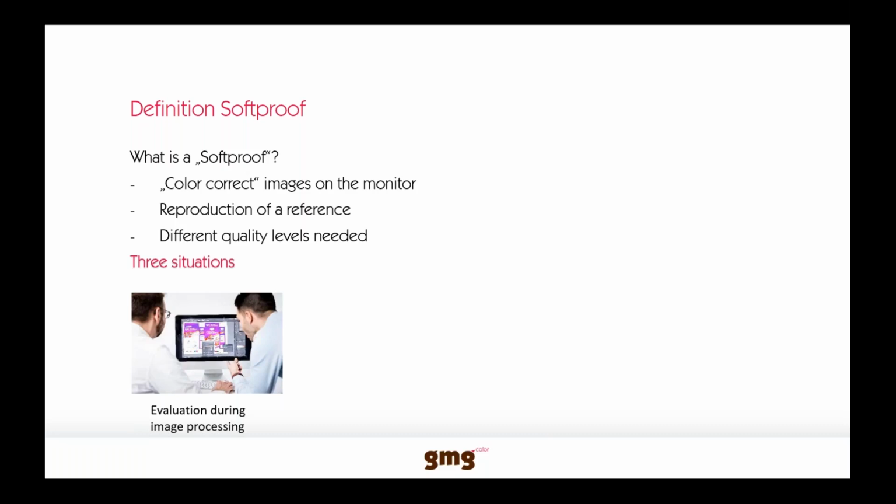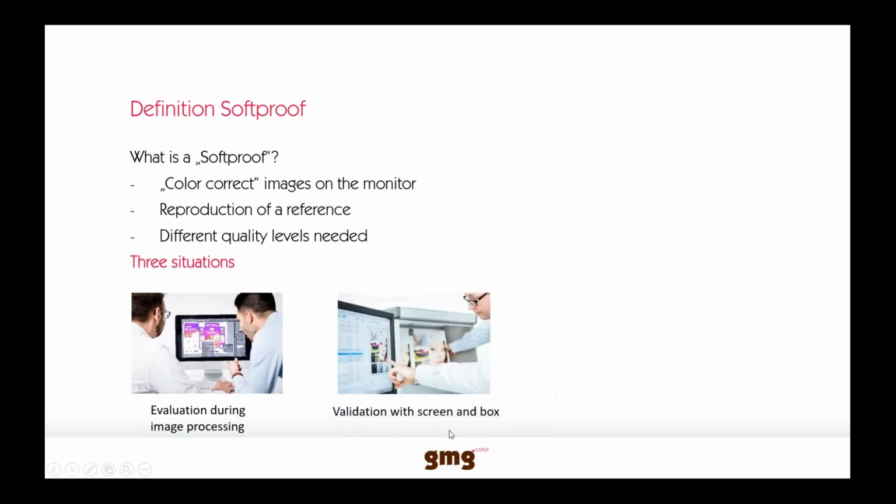Therefore, of course, a good graphical monitor is important, a good setup, but maybe it's not the highest level of softproofing. Therefore, some repro houses have a screen and a light box, a light viewing booth, where you can then compare your hard copy proof or your print sample directly to your monitor. That's also a case where the quality need is very high.